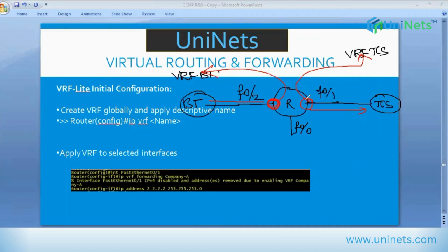Now when I make F0/1 part of VRF TCS, whatever information I receive on that interface, whether routing table information, routing information or data, I will handle everything according to VRF TCS.